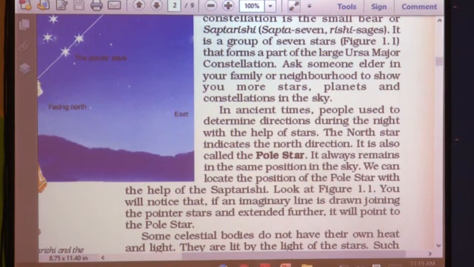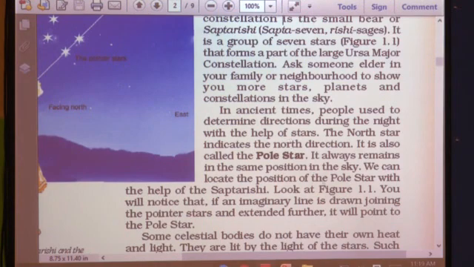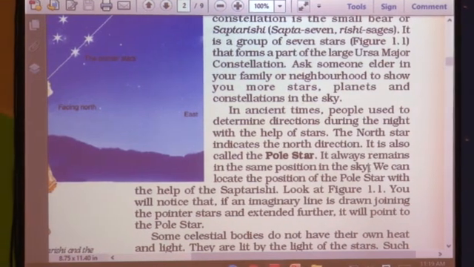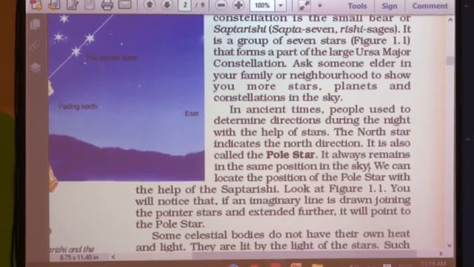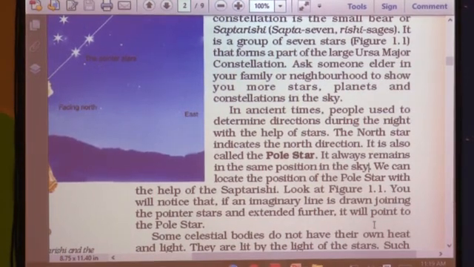Okay. It always remains in the same position in the sky, this pole star. We can locate the position of the pole star with the help of Saptarishi. So, with the help of the Saptarishi constellation, we can locate the pole star more clearly, children.